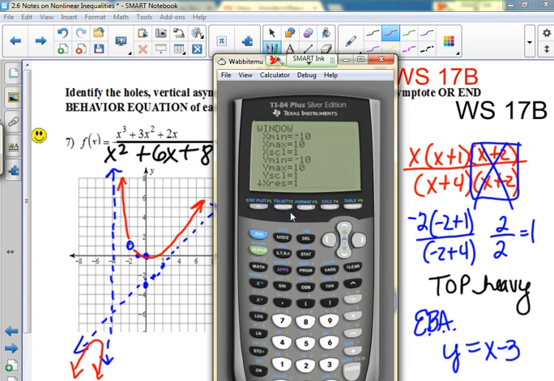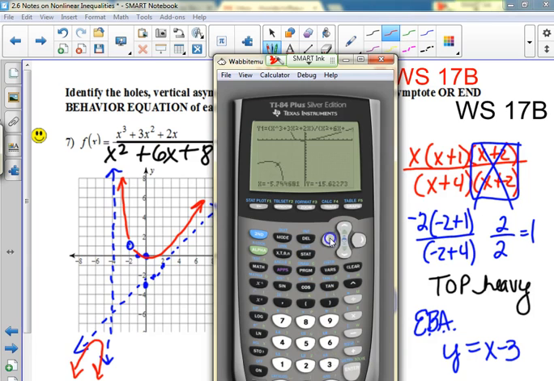Something, yeah. So I don't know if I can just change the y. I want to be on the other side of -4, so I'm going to try trace -5, and it's down at -20.